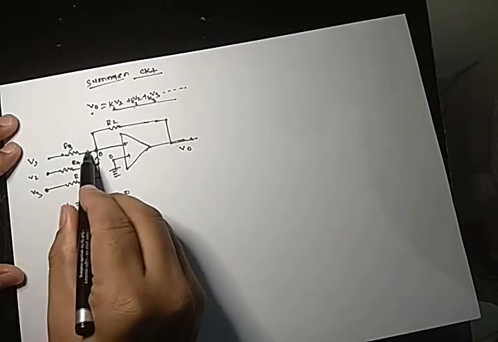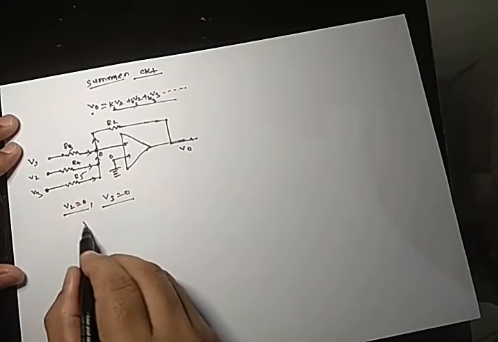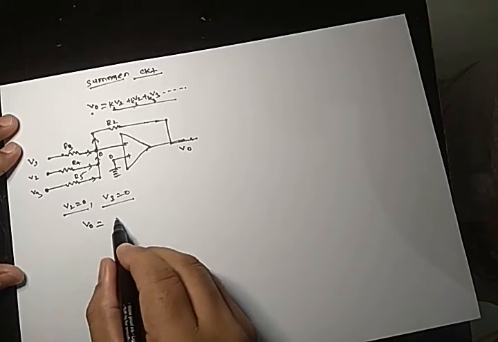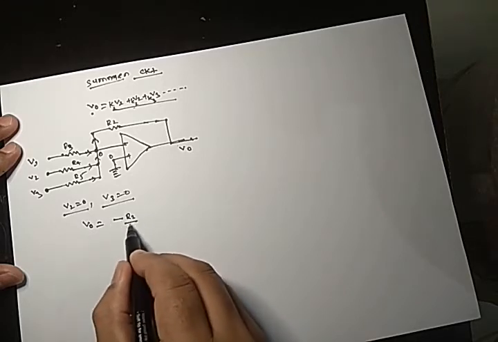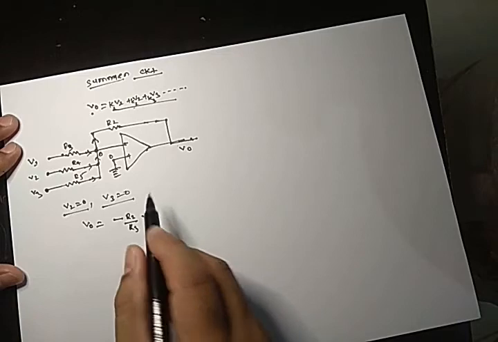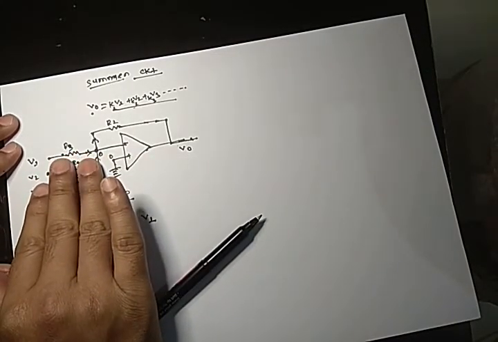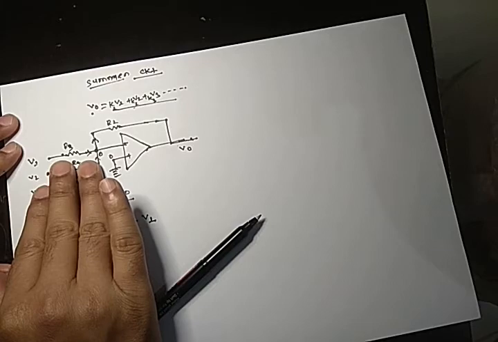Only the current will flow across this path. So V0 will be minus R2 by R3 into V1. This will be simply an inverting amplifier.